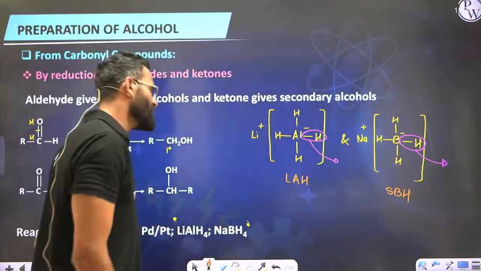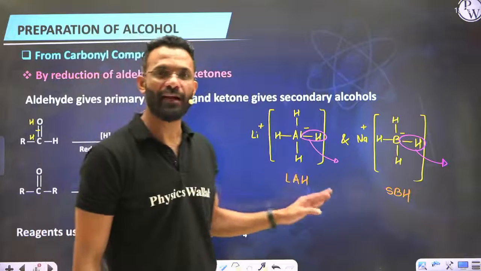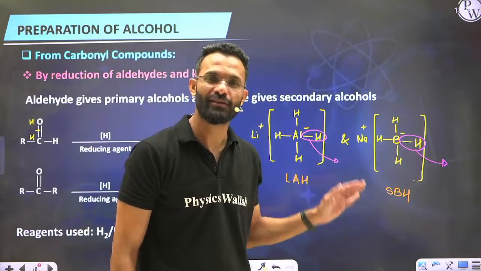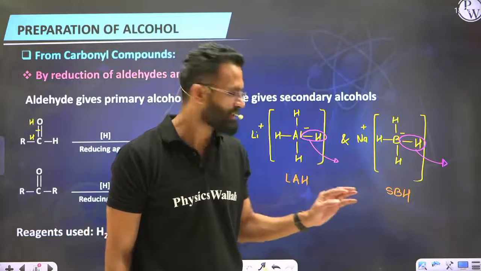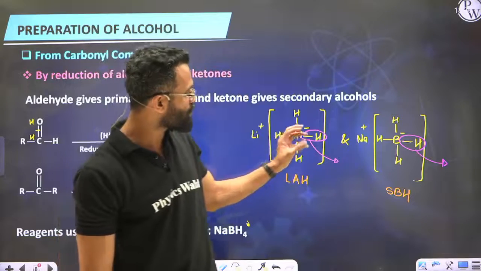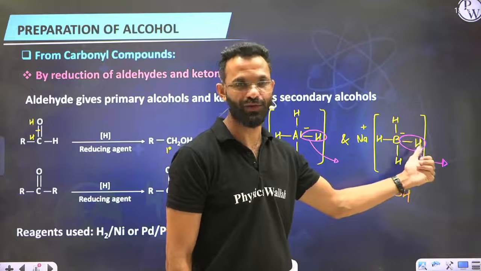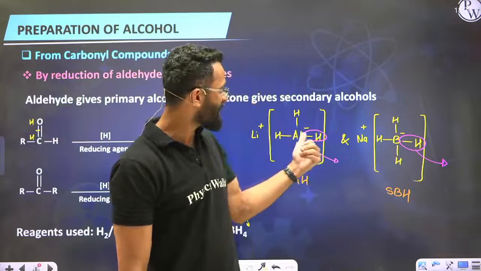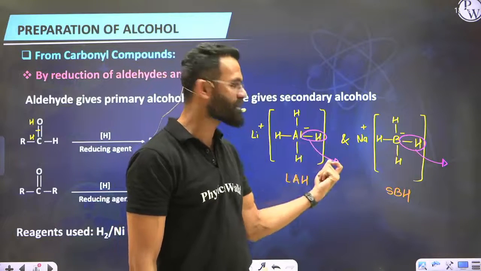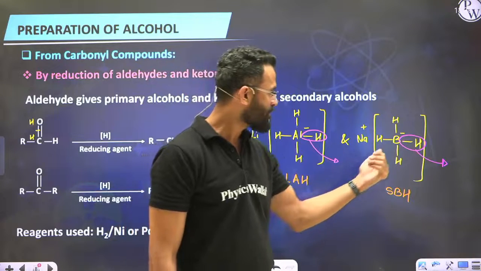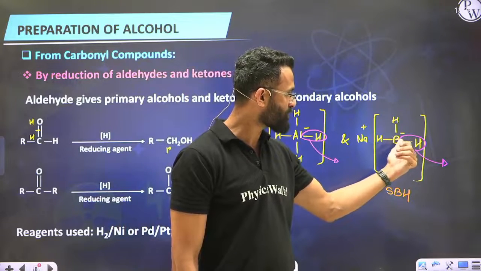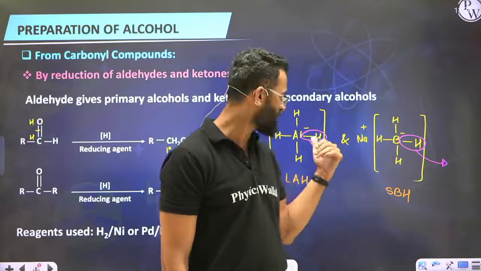Now remember, lithium aluminum hydride is relatively a stronger reducing agent because of its ability of donating hydride with ease as compared to the boron hydrogen bond. So the Al-H bond being weaker, it can easily lose hydride, so it is a better reducing agent. Whereas the boron hydrogen bond cannot be broken as easily as in the case of aluminum hydrogen.